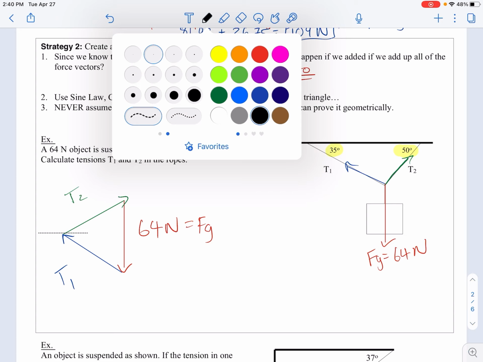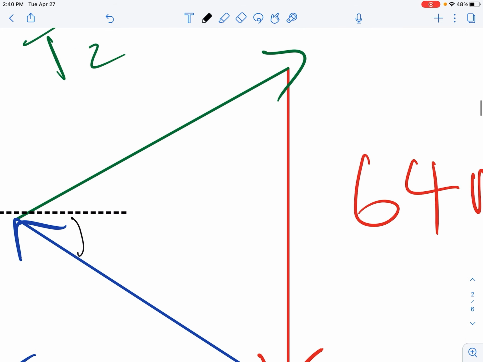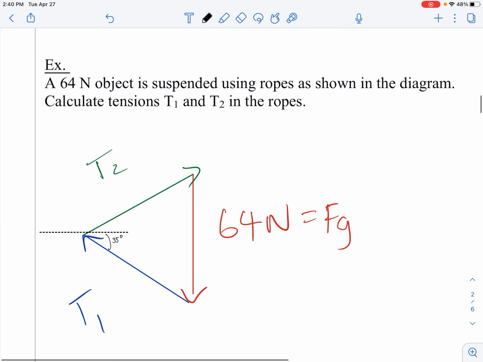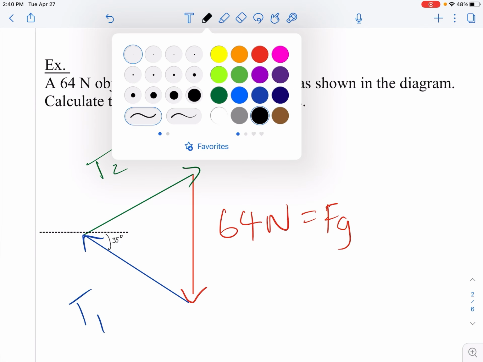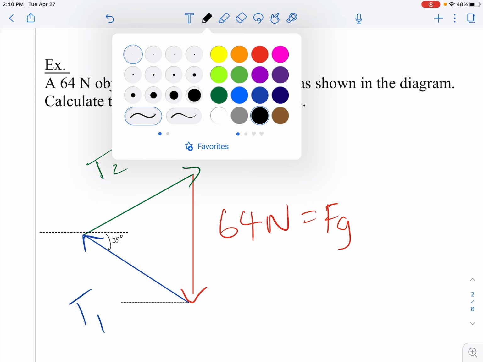I know that the angle made here is going to be about 35 degrees. I also know geometrically that this angle down here is also going to be 35 degrees.